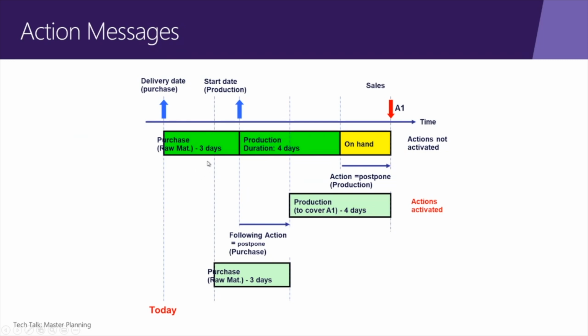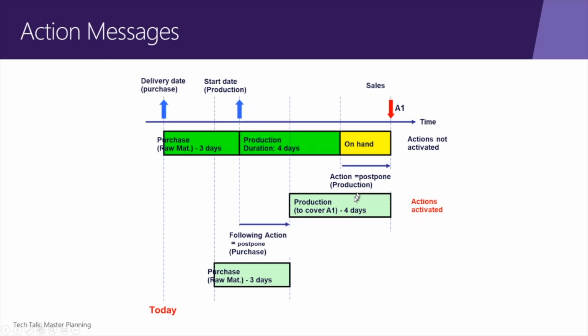So something quick on the action messages. In this diagram, we have a production order starting here, and raw material getting delivered here from the purchase order, and we will be producing things in advance and keeping them on hand. So action messages help us optimize our supply chain.